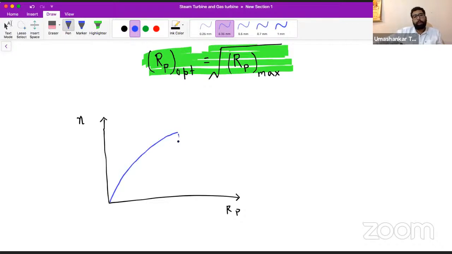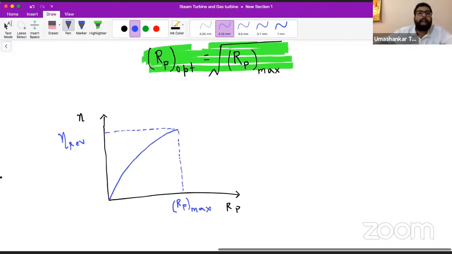Then there will be a point you reach where you get the maximum efficiency, and you cannot increase the pressure ratio above this value. At this point, you will be getting the maximum efficiency, and you know what that is: the reversible Carnot efficiency.